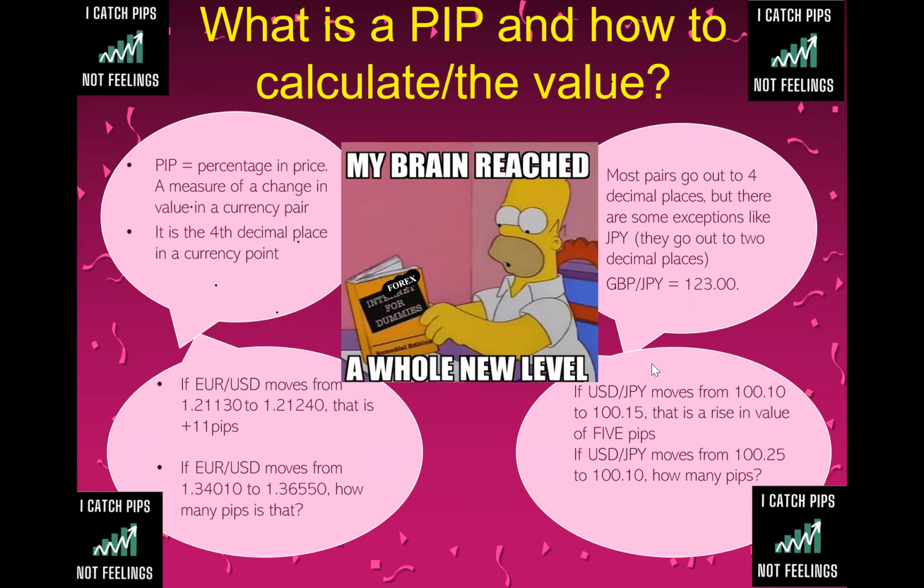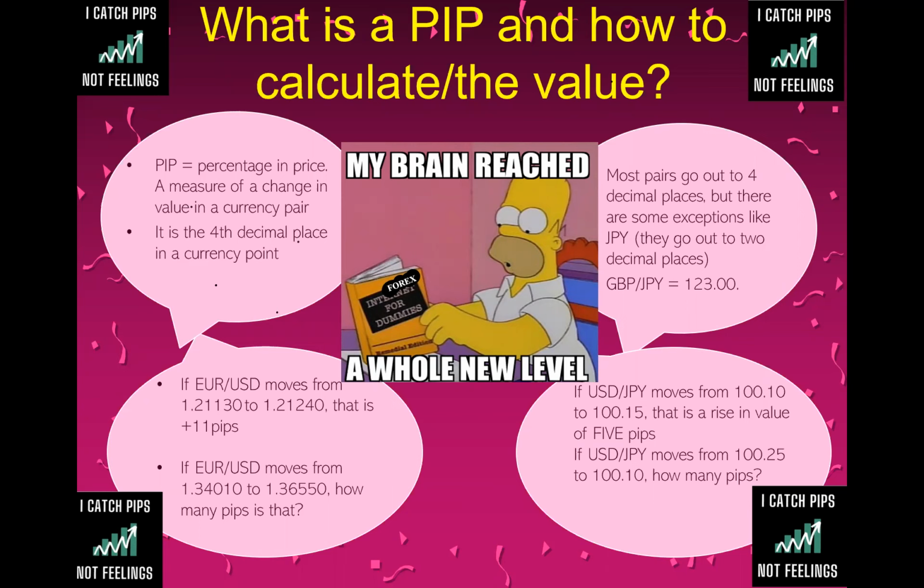Okay. So an example is if USD JPY moves from 100.10 to 100.15, how many pips does that give you? It gives you 5 pips. Yeah?